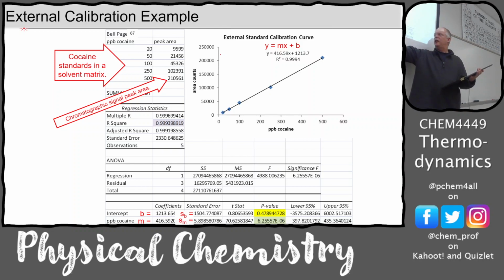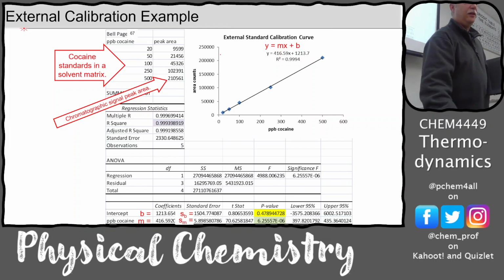The yellow one, if you can't see it, is 0.47 or 0.48. And the green one is 6.2 times 10 to the minus 6. Which one's the good one? 10 to the minus 6, right? And that letter P is a hint: probability.